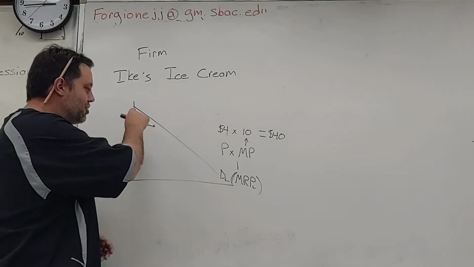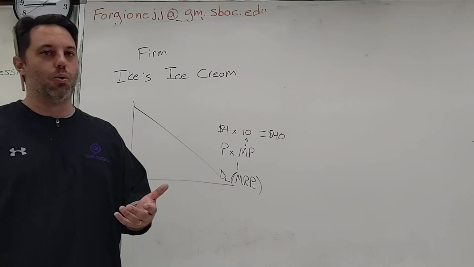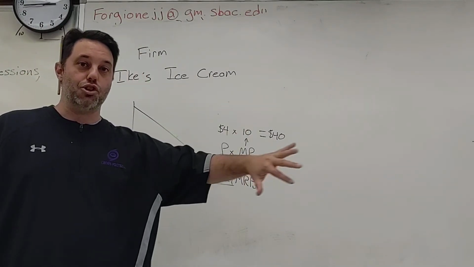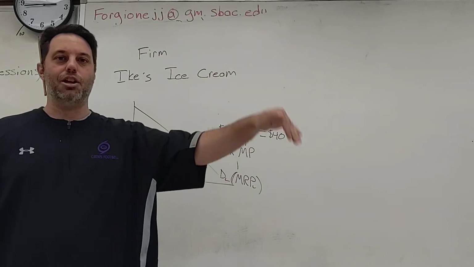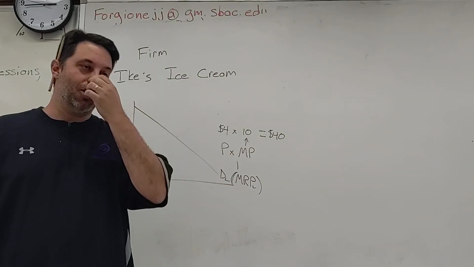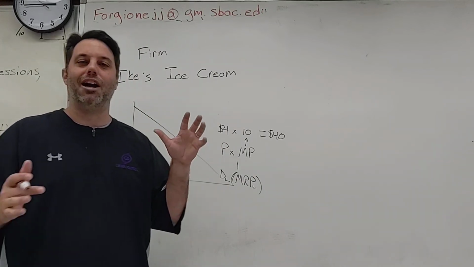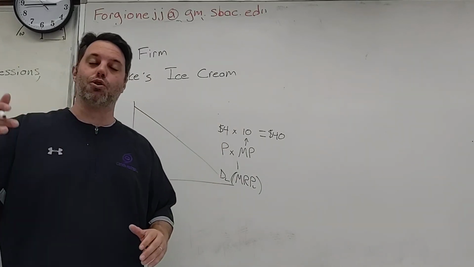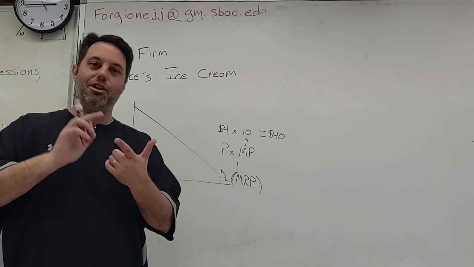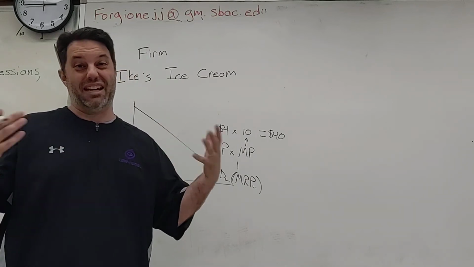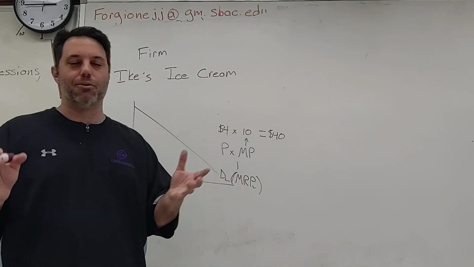Now, the reason that this is going down, we know that over the course of time, once the benefits of specialization have dissolved, we get diminishing marginal returns. Because we have too many cooks in the kitchen, too many people in a confined space, eventually each worker makes a little bit less. They screw around, there's not enough space, so they're bumping into each other, they get bored, they get tired, whatever it may be.